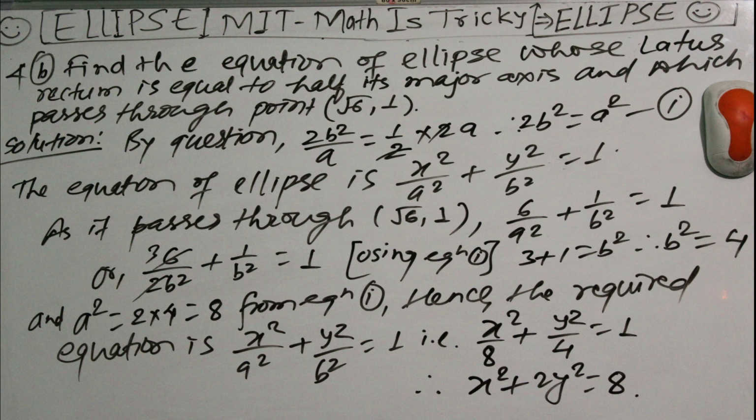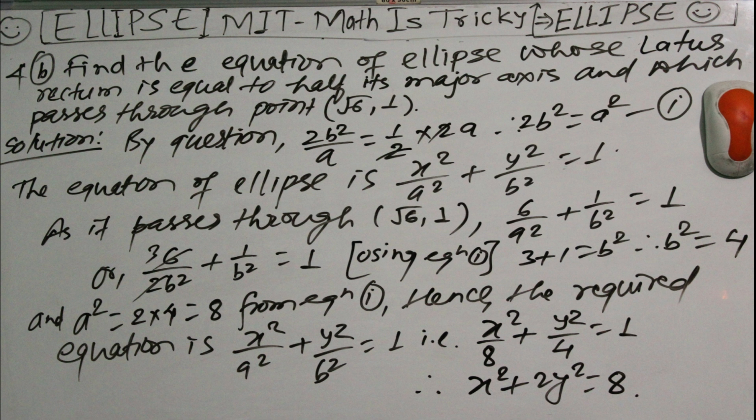Now putting b square in equation 1, we get a square equals 8. Hence from equation 2 the equation of the ellipse is x square by 8 plus y square by 4 equals 1, which gives x square plus 2y square equals 8. This is the required equation of the ellipse.